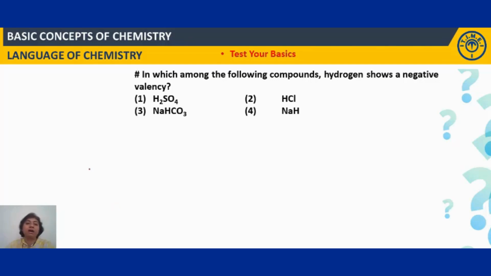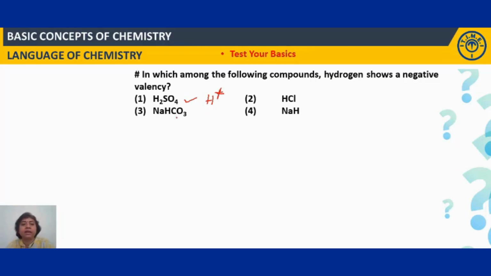So how will you decide in which the hydrogen shows the negative valency? Generally, the positive ion in the formula comes first, like H2SO4. Here it is starting with hydrogen, so it should be H+. There is an exception also that I will discuss. So here it is H+.